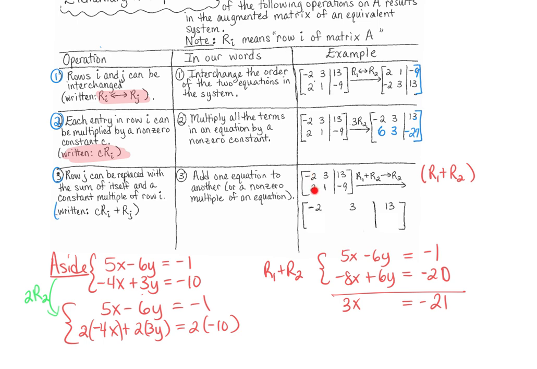Negative 2 plus 2 is 0. That's where this 0 comes from. What's our next one? 4, because 3 plus 1 is 4. And what's our last one? 4, because 13 minus 9 is 4. You got it. Those are elementary row operations.